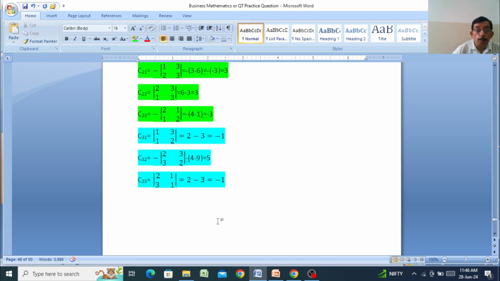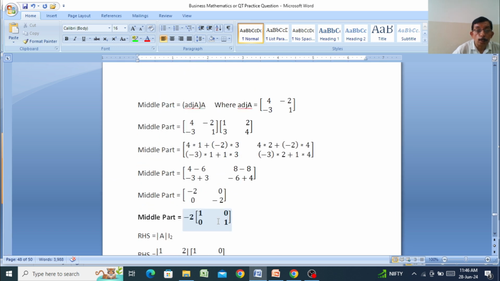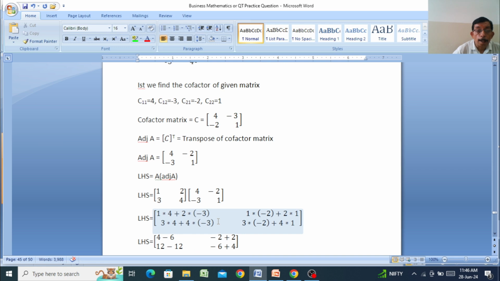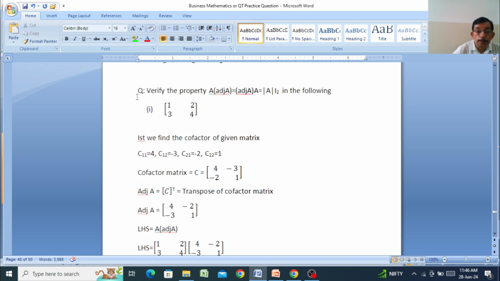Now we verify the property. What is the property? Verify the property.